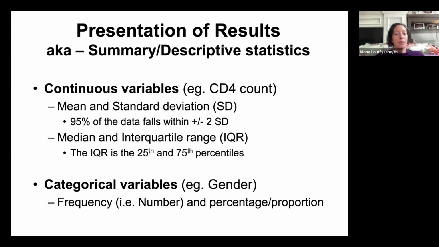Okay? Who can describe in words what the median and interquartile range is? So I think it's kind of neat to think about. You have your 10 people and you have their ages, and then you line up in order the 10 ages that they have.